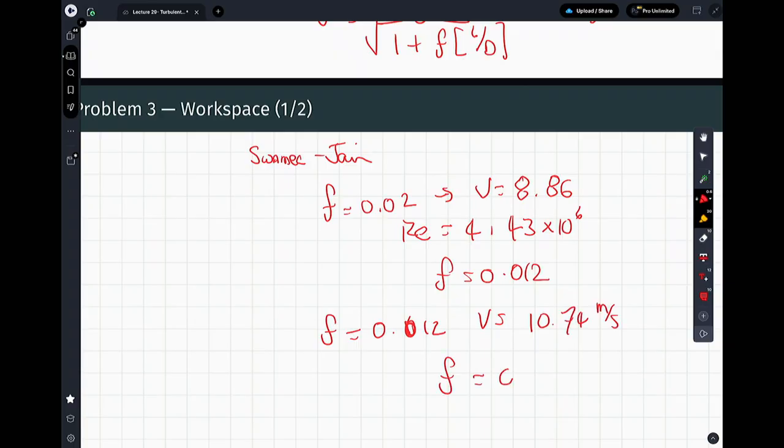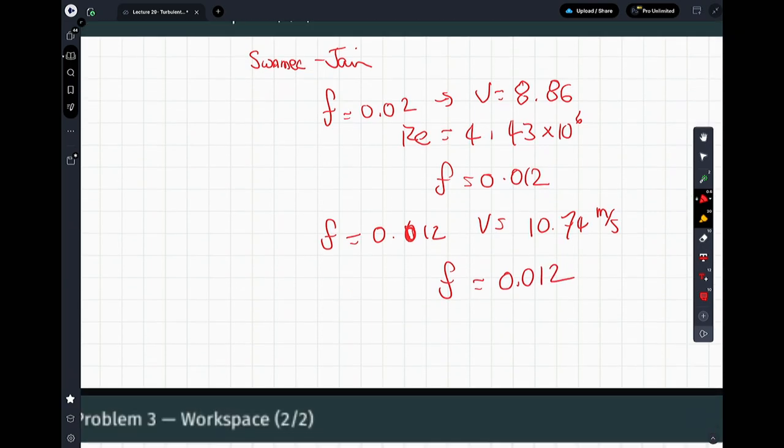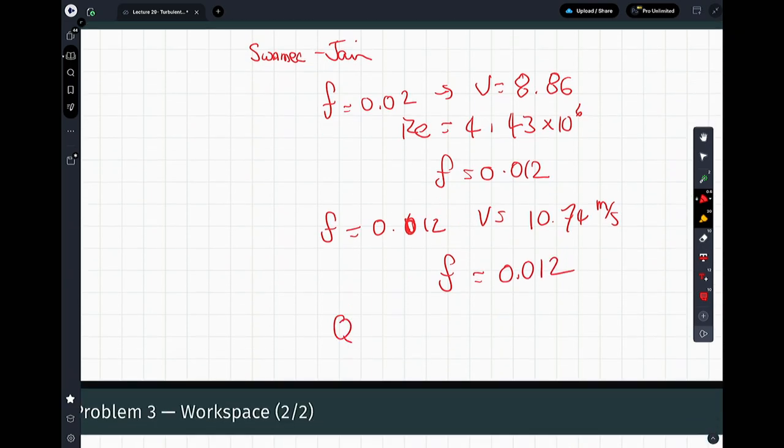F equals 0.012. And I have Q, which is equal to 10.74 times pi 0.5 squared, whoops, oh no, sorry, divided by 4. And I get 2.1 meters cubed per second.